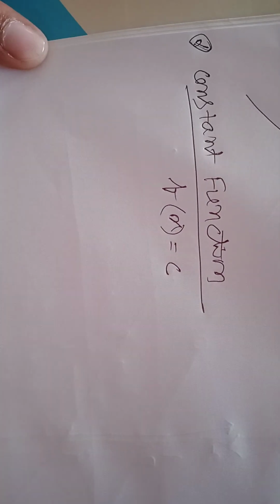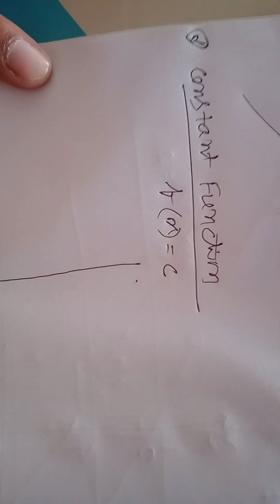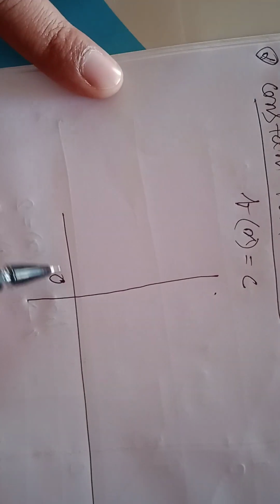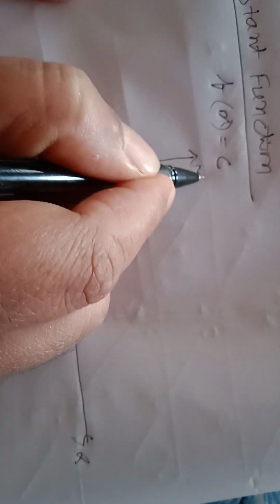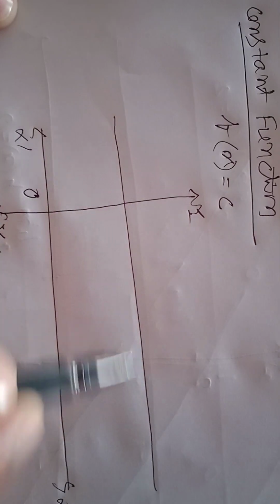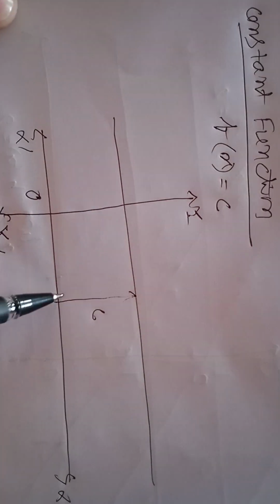Now try to draw the graph of this function. This is the origin, this is x and x dash, this is y and y dash. So this function should be f(x) equals c. Suppose this is the c distance.